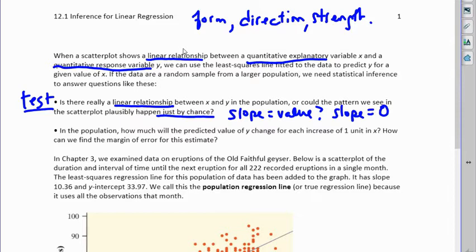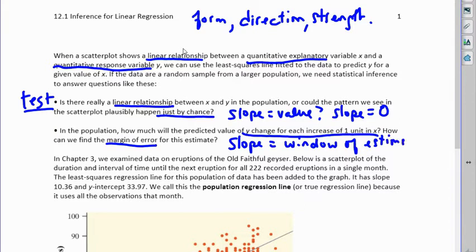Now, if we are wondering about this slope and thinking about the change in y for every increase of x units, and we're wondering about the margin of error for this estimate of a slope, so we have a slope and we want a window of estimates, then we're looking at this from the perspective of a confidence interval.